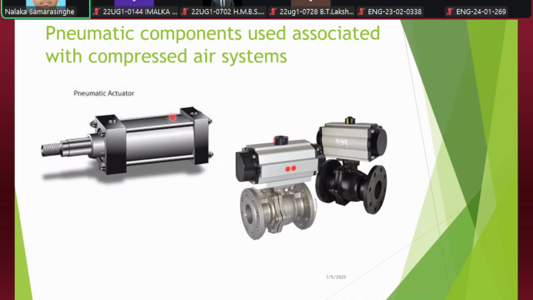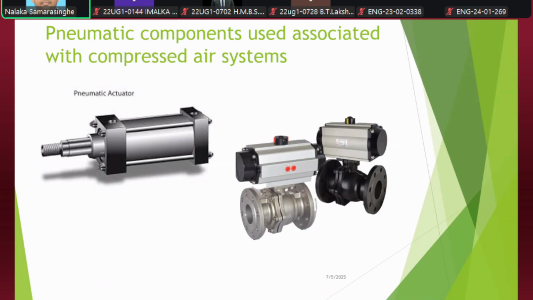Those kinds of diaphragm pumps are also operated with compressed air. Then here there is a pneumatically operated valve. It's a gate valve, so you can open and close the water supply valve with the compressed air supply. Like that, there are such pneumatic actuators and devices operated by compressed air supply.